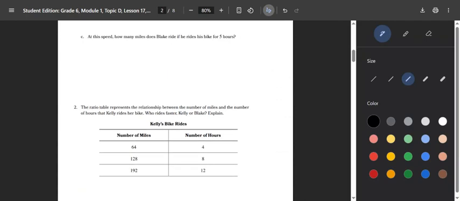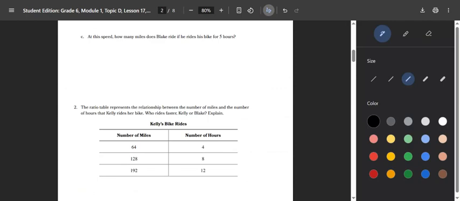And then C says, at this speed, how many miles does Blake ride if he rides his bike for 5 hours? So 1 hour, 15 miles. 2 hours, 30 miles.